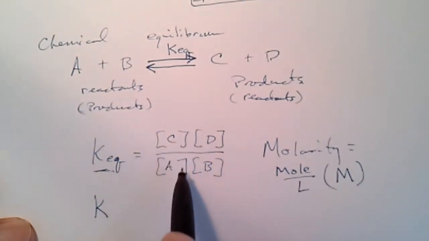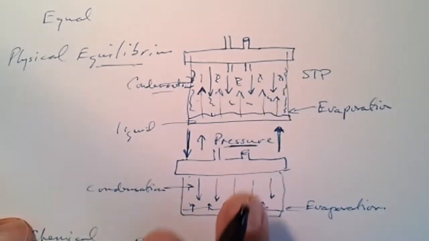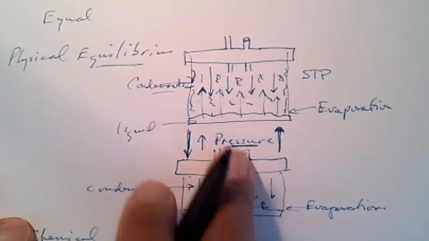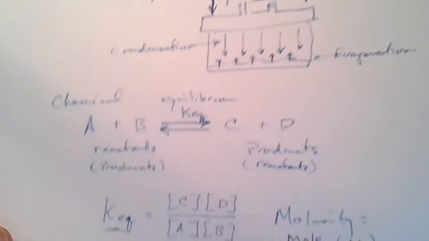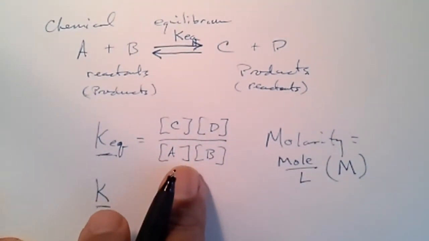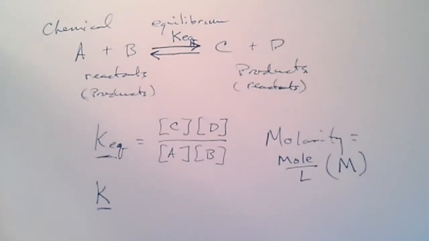If one or the other of these changes, it will change the value for the constant only temporarily, because just like in the case of the evaporation and condensation, this temporary change will then return to the value of the constant once the reaction reaches equilibrium.